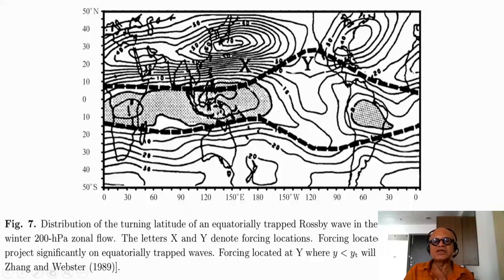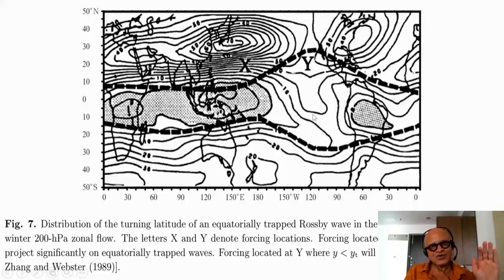So here, turning latitude is basically where the Rossby wave energy doesn't go past that latitude and can decay quickly exponentially beyond that. So you have spots X and Y. So if there is an extratropical forcing located here, where the location is beyond the turning latitude of the Rossby wave, then the forcing will not significantly affect the equatorially trapped waves, whereas here you can see that the turning latitude is much further extended meridionally because of this westerly duct.